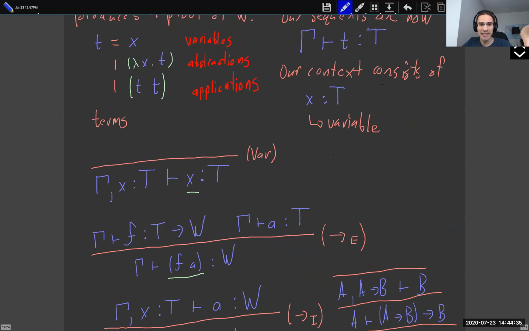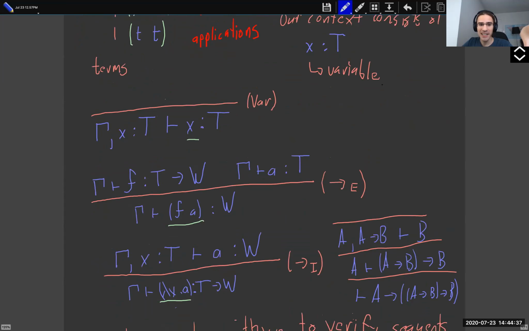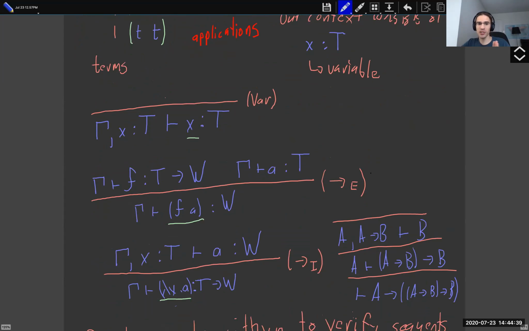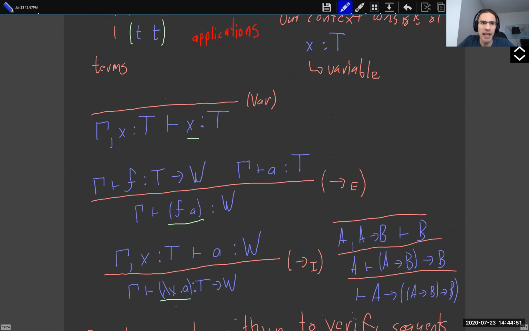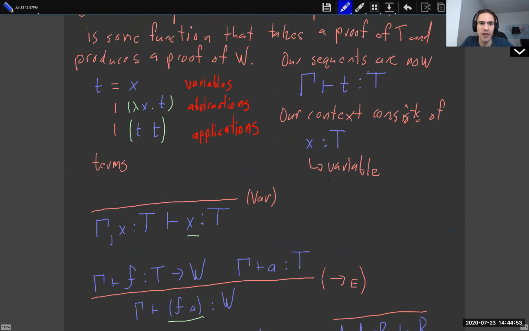And if you look at the 3 rules of reasoning, then the proof terms in the conclusion, each one of them corresponds to a unique grammar variant. If you have a lambda term, it is either a variable or an abstraction or an application. And it's impossible to get confused between the 3 of them.